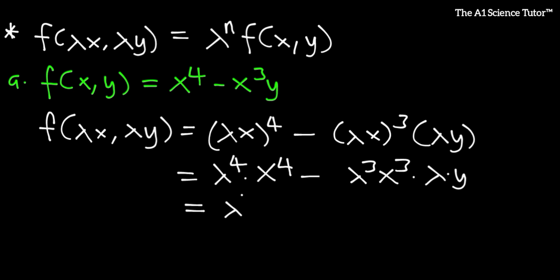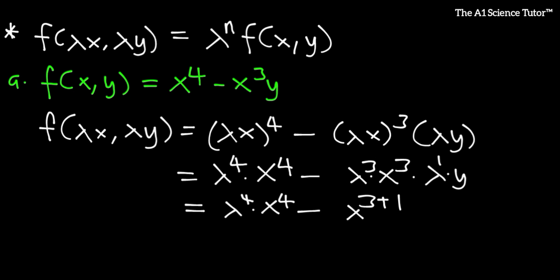So we have lambda to the fourth multiplied by x to the fourth. This is minus lambda to the third plus 1. Now, why is that? We already have this lambda, which is raised to the first power. So if you were to multiply this with this, then basically you need to add the powers, 3 and 1.